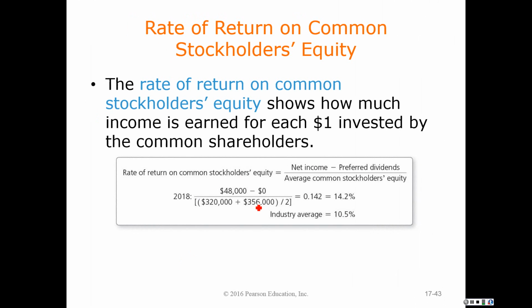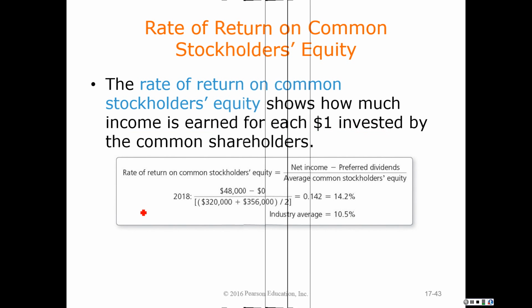And then rate of return on stockholders' equity. And notice your text says this tells us how much income is earned for each $1 invested by my common shareholders. And so we can break that down into percentage, or for every dollar that our stockholders are investing, how much return are we generating for them on that investment?